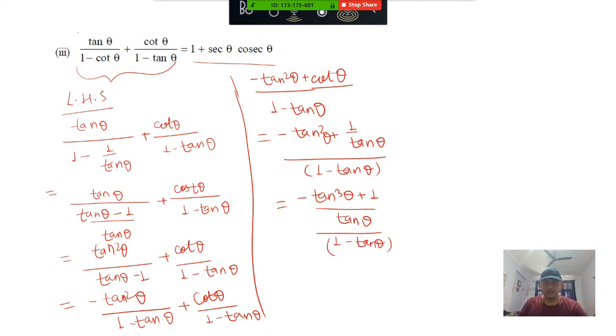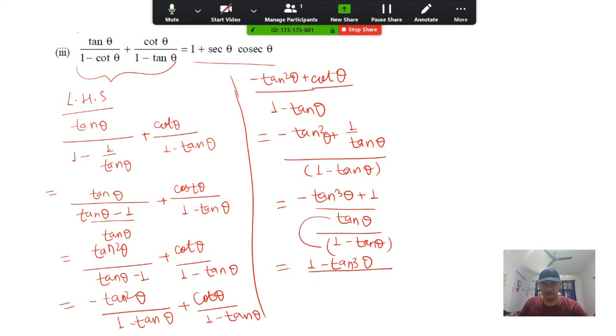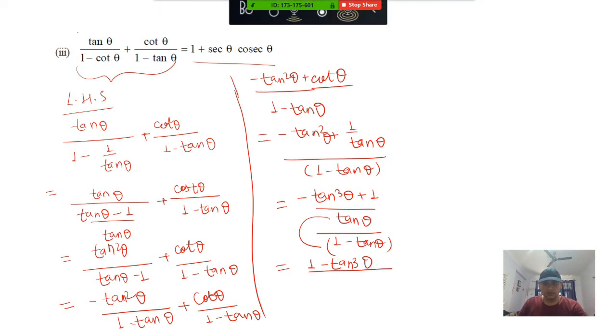So this minus tan cube theta we can write in the numerator like this, 1 minus tan cube theta, and this term tan theta comes in multiplication with this term, so the denominator becomes tan theta into 1 minus tan theta, like this. Clear?